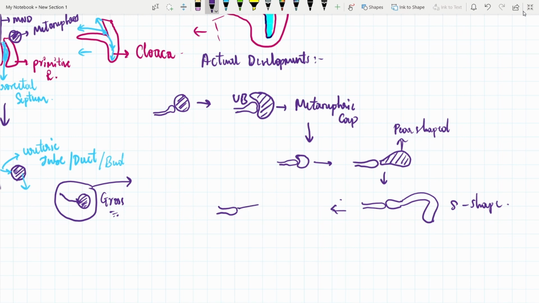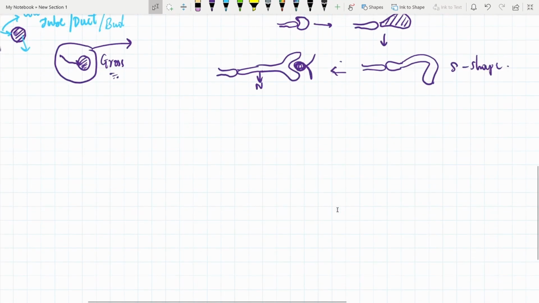Actual nephron. Bowman's capsule develops, and a tuft of capillaries will invaginate. This is tuft of capillaries, and this is Bowman's capsule, and this one is nephron. And nephron further differentiates. It will differentiate and forms like this.